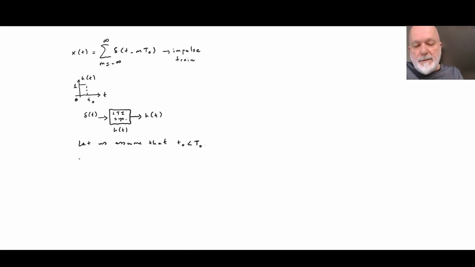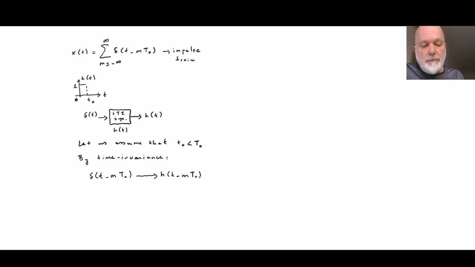So by the fact that the system is time invariant, delta of t minus m t0, for any integer m, positive or negative, the corresponding output is h of t minus m t0 for any integer m.